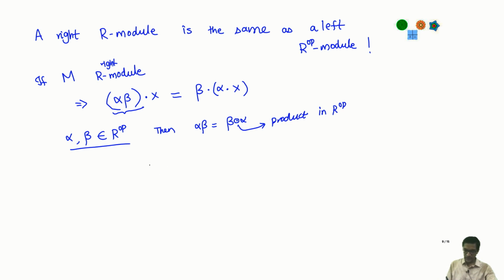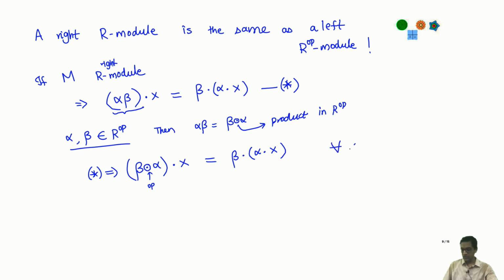It means that this equation, axiom star, can be rewritten as follows: take beta and multiply it with alpha, but do the multiplication in the opposite ring, the R op multiplication, then multiply it with X. The answer is the same as the right hand side, beta acting on alpha acting on X. Now this axiom is axiom 3, in the correct order.